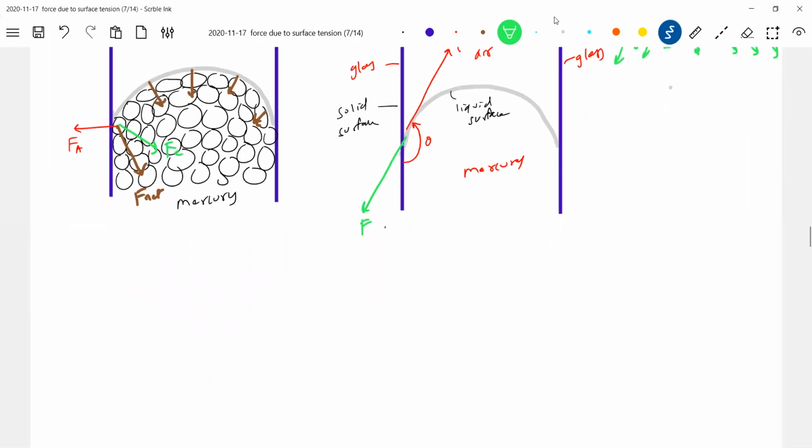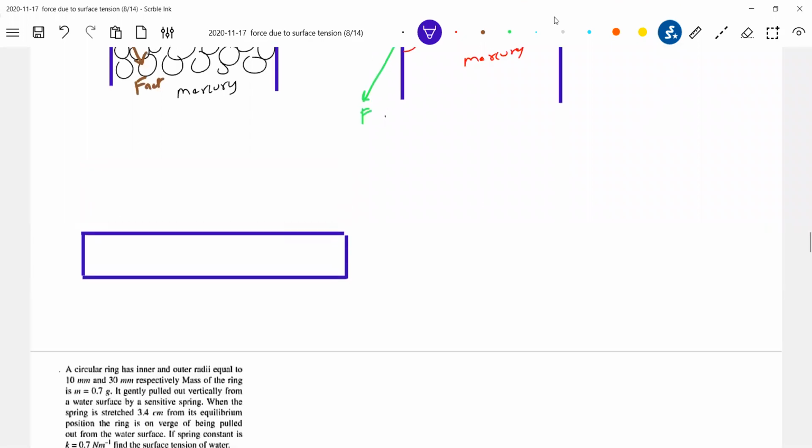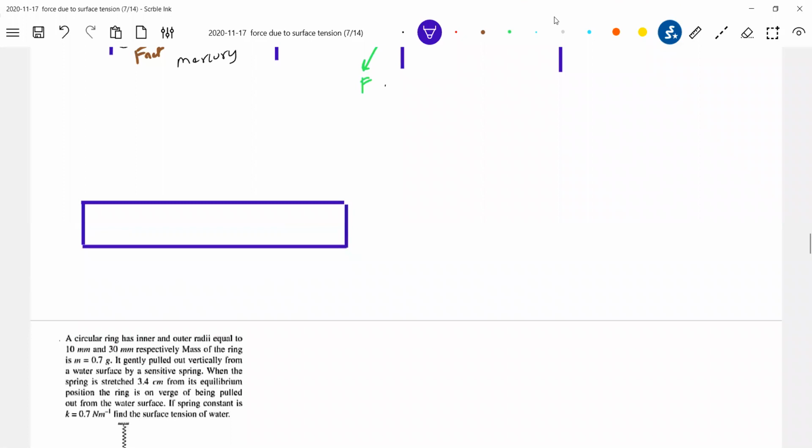So now let me place this mercury drop on a flat glass plate. How will the mercury take shape? Like this. It will not wet. Okay, able to understand?